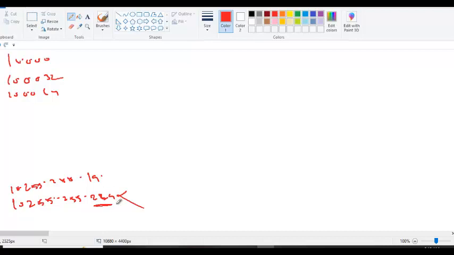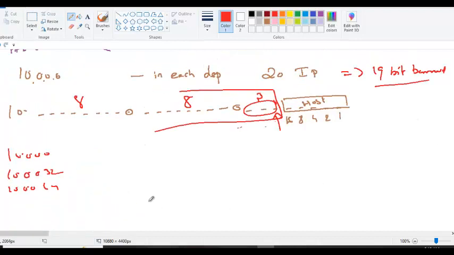Again 32 if you subtract, and again 32, it goes like that. Okay. So now you know how to get this. Look at this, it will be interesting. The first IP will be what? 10.0.0.1. The last IP will be what?